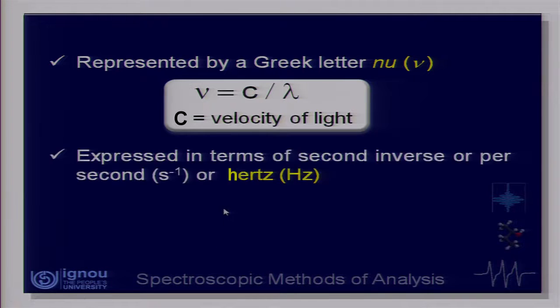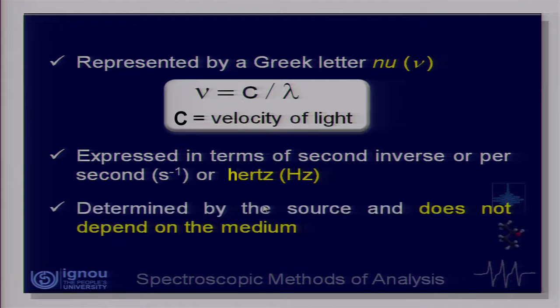Now, the unit for frequency is hertz. Here c is the velocity of light in meters per second, and the unit for lambda, the wavelength, is meter. So, meters cancel, and we are left with second inverse. That is the unit, but it has been given a special name, hertz, or Hz, to honor Hertz, the scientist.